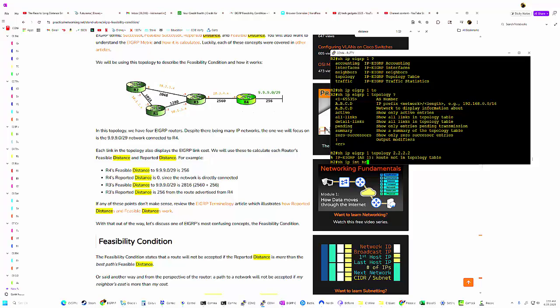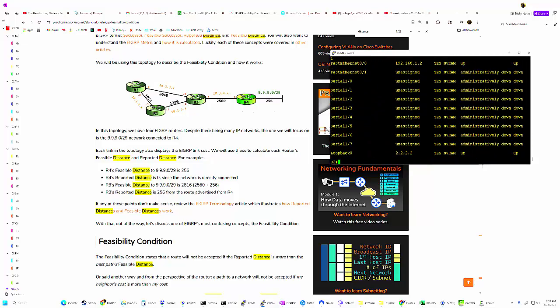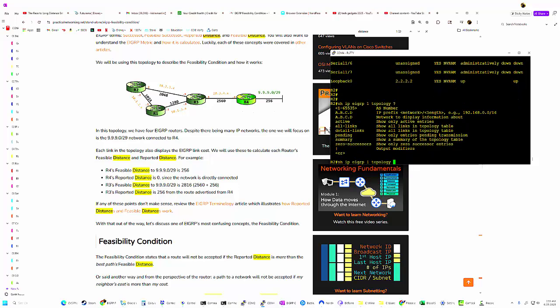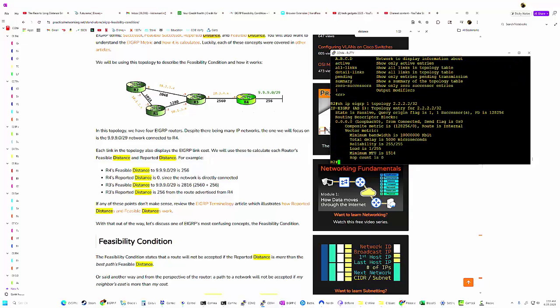Show IP interface brief. It's not there. Okay, what does this say now? IP prefix. Oh, okay. All right. There's my feasible distance. So the feasible distance, that's the missing link right there. For some reason the command just came to me.